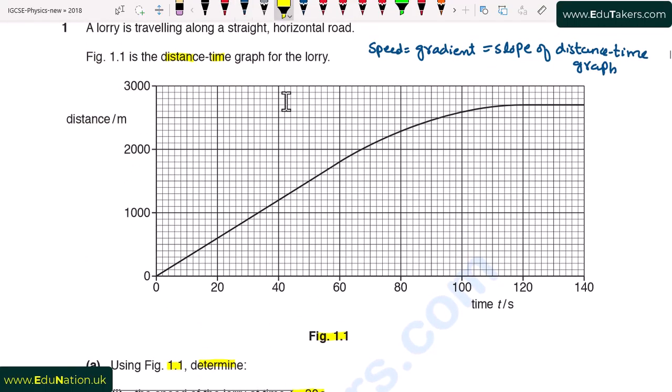So 30 seconds will be at this point. So I draw a line here and meet this with the x-axis and y-axis.